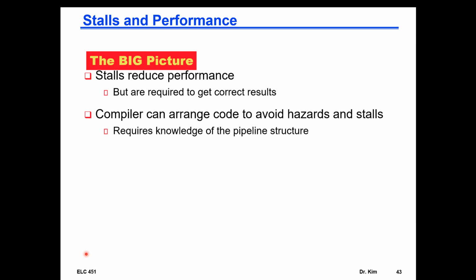So now you're using that, and that's sometimes called a delay slot. And if the compiler has that knowledge about the structure of the pipeline, then the compiler can do that, and it's very useful.